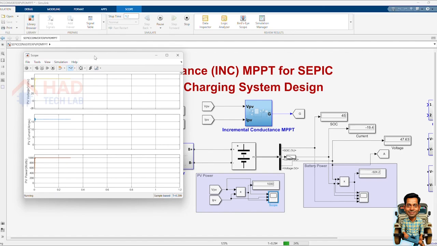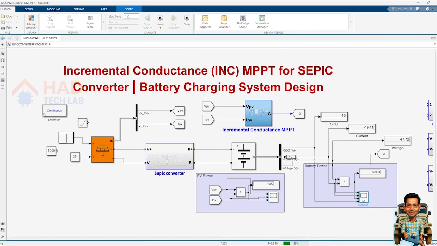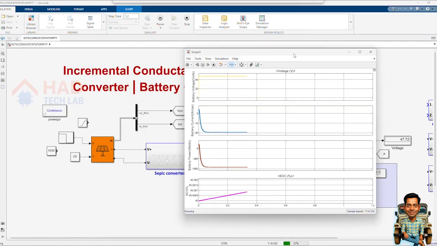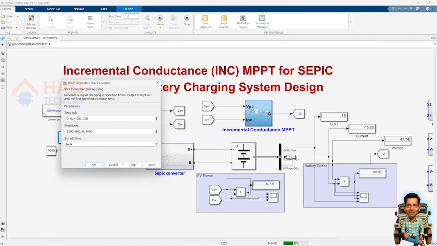So this is the PV panel characteristics, and this one is the battery response. The negative current indicates that the battery is currently charging, therefore we are getting negative power. At time 0.4 second, we introduce irradiance equal to 800, at 0.6 second the irradiance level is 0, and at 0.8 second the irradiance level is 1000.